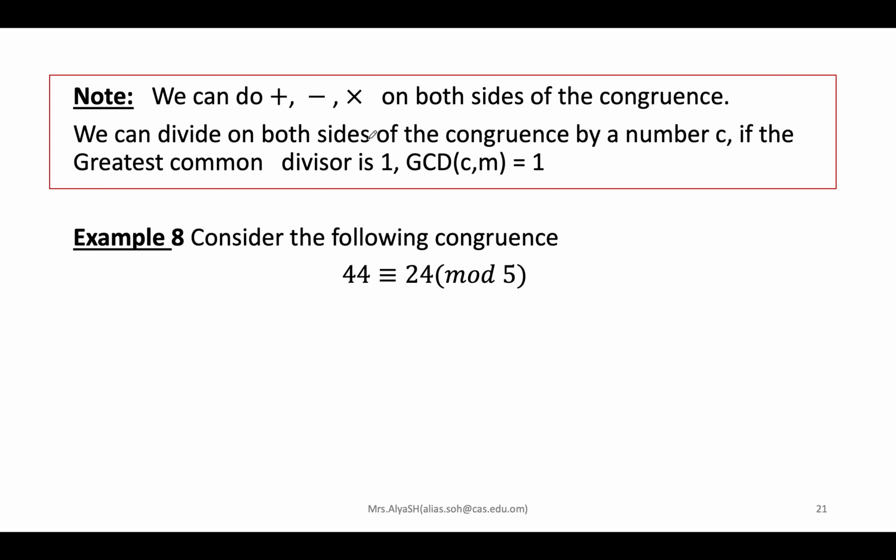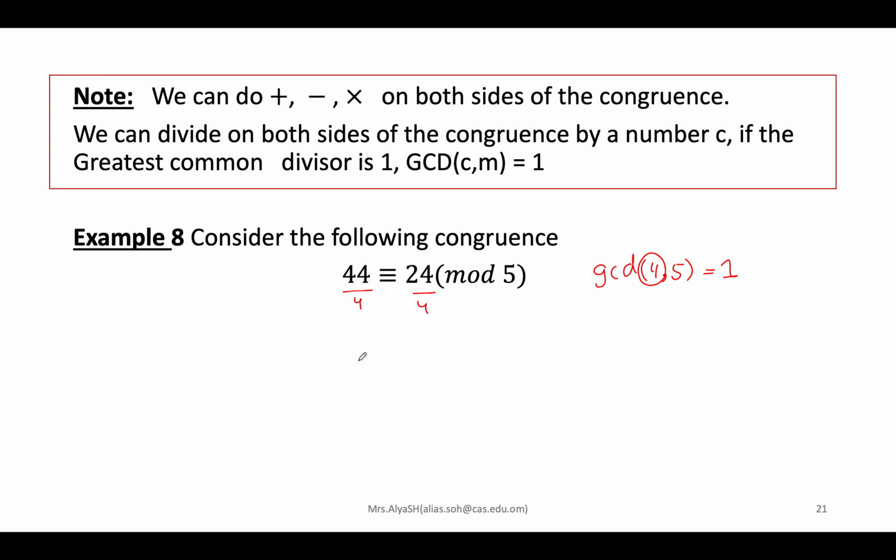Here we have 44 congruent to 24 mod 5. I can simplify by dividing by a number, but I need to make sure that the number has a greatest common divisor with 5 of 1. So I can divide both sides by 4, because the greatest common divisor between 4 and 5 is 1, and this number is also a common divisor of a and b.